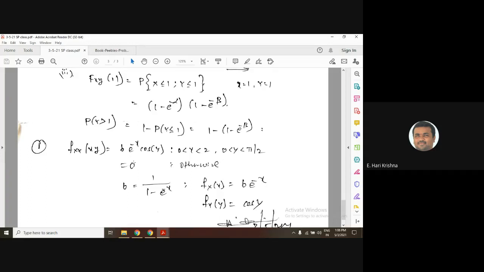If we do the integration and set it equal to 1, we will get b equal to 1 by (1 minus e power minus x), and the joint PDF is b into e power minus x and cos y, and these two are statistically independent.